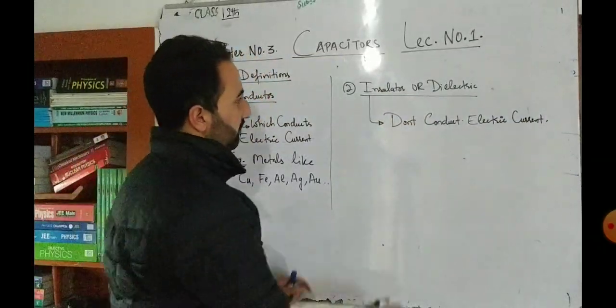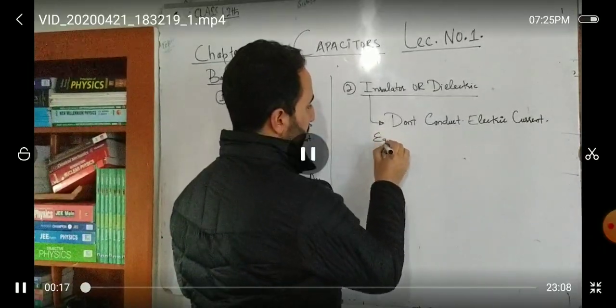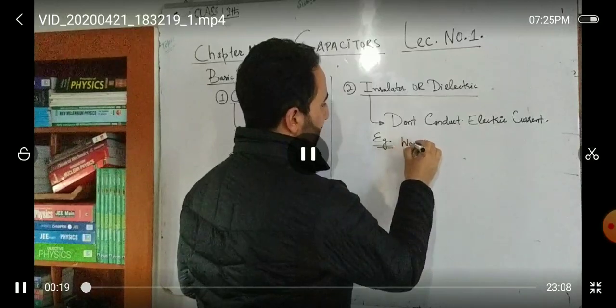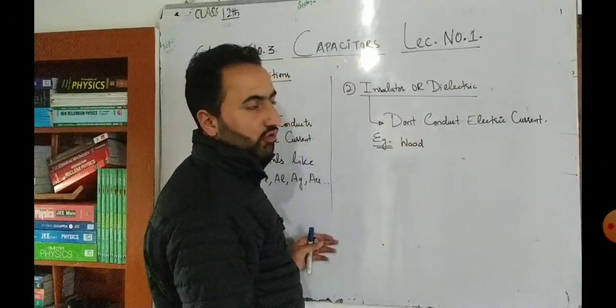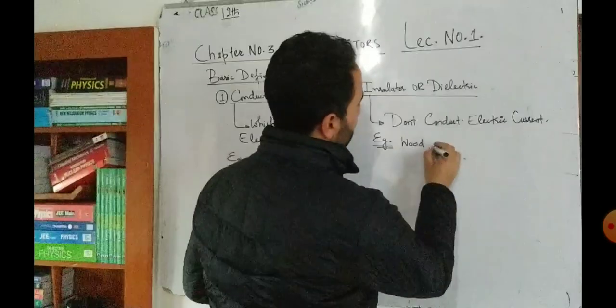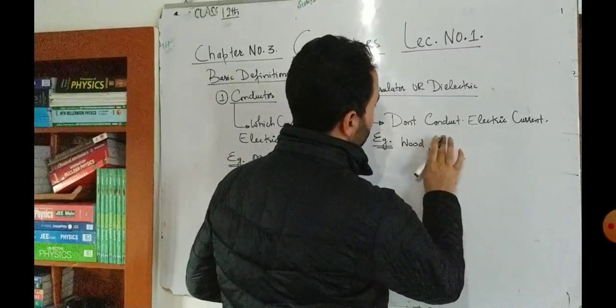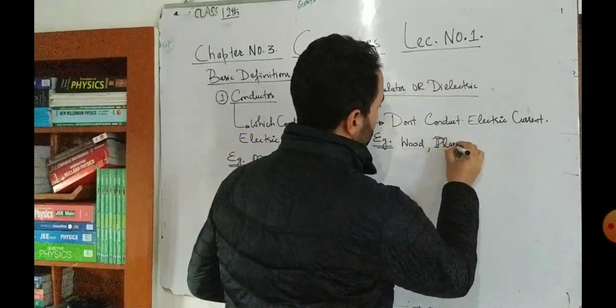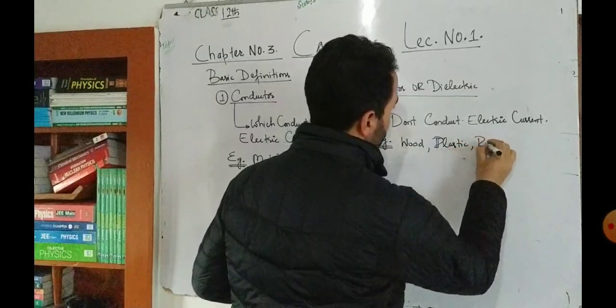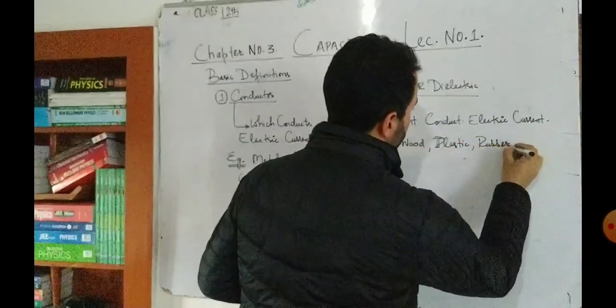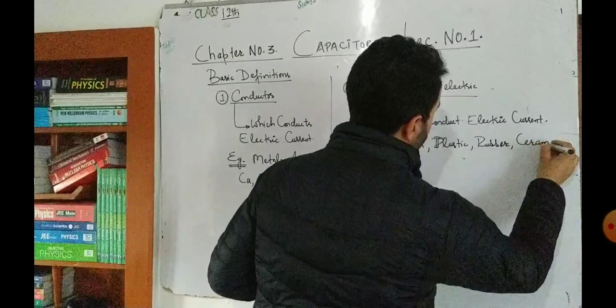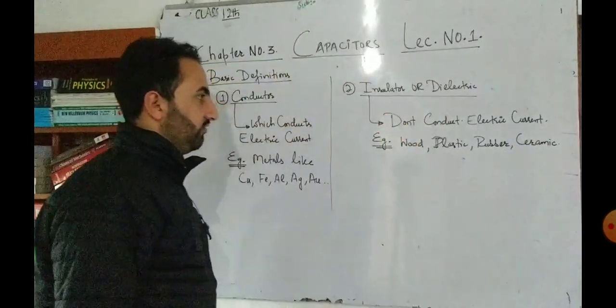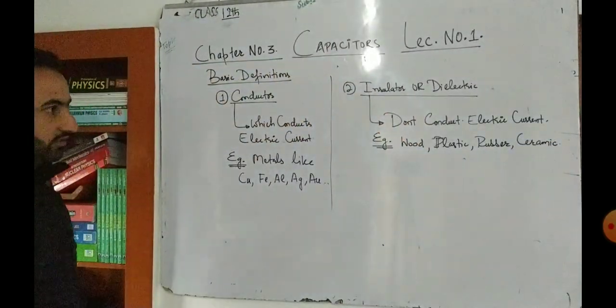There are again a huge number of examples. Like wood, it does not conduct electric current, so it is an insulator. In the same way, there is plastic, rubber, and ceramic. These are all examples of insulators. These are the simplest, basic definitions.